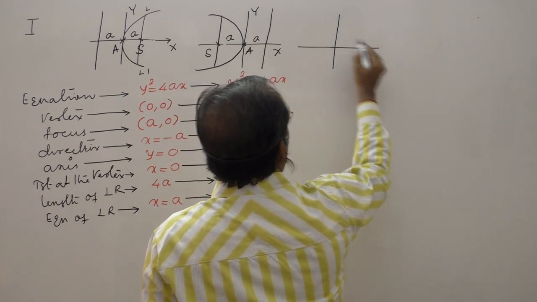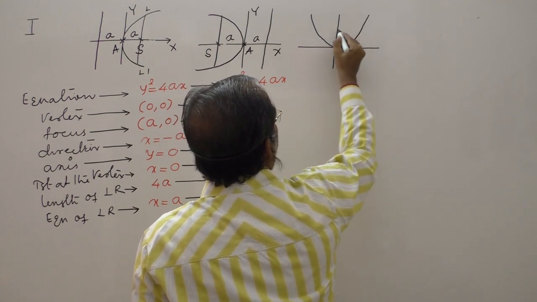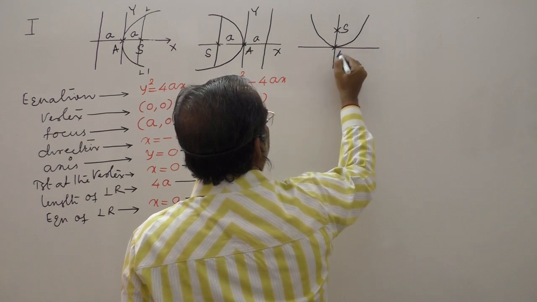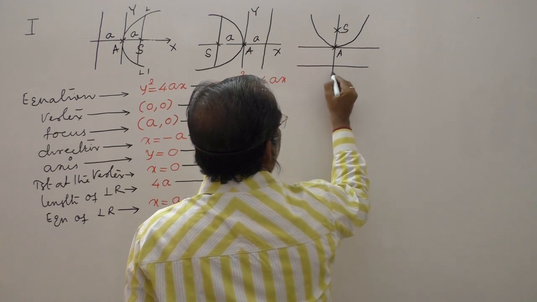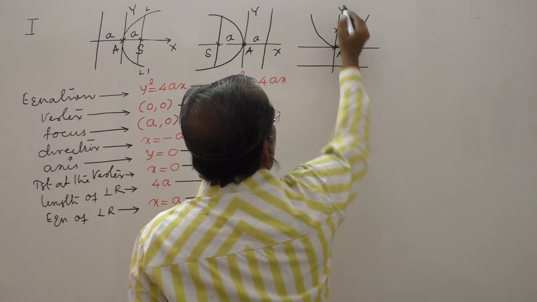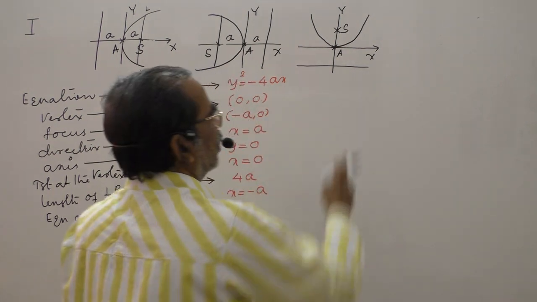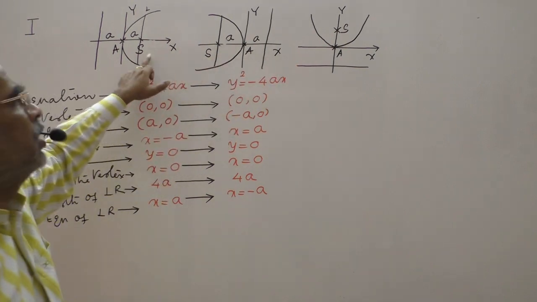The parabola can be like this, having the y-axis as its axis. In this case, this will be the focus. Focus is always an interior point. This is the y-axis. This is the x-axis. This line is the directrix.